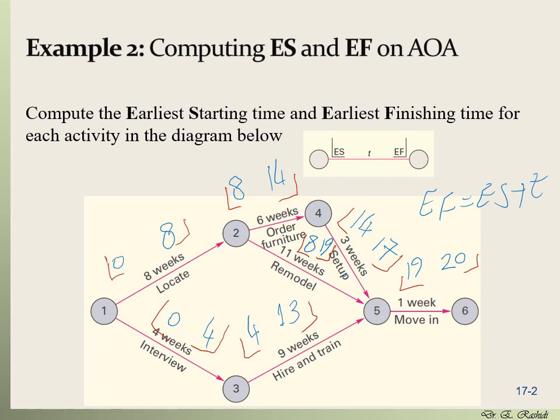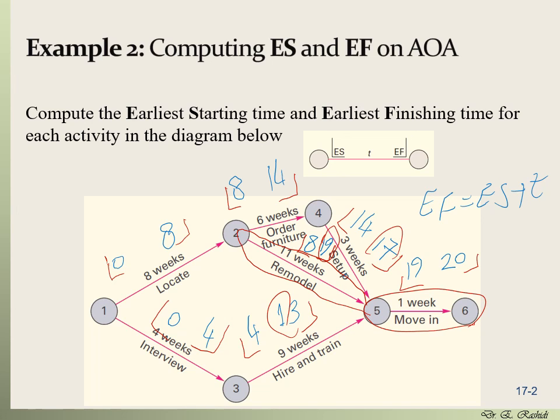So we are done with computing the earliest start and earliest finish, and you can actually figure out the critical path here. The critical path is the path with the longest duration, the longest path, or the length of the path. So, of course, this is part of it, and because 19 here is the maximum earliest finish, it's going to be this, because 19 is the maximum between 13 and 17.